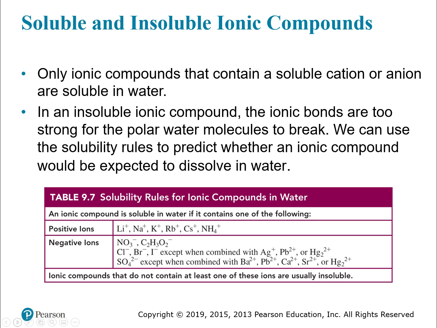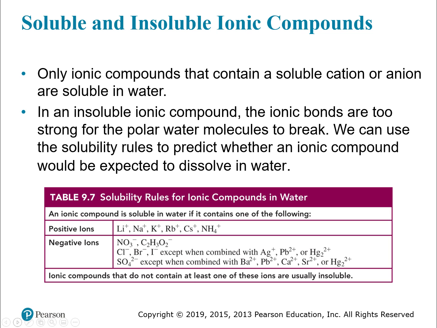To talk about solubility of compounds, so solids, we have to talk about solubility rules. Some things will dissolve in water, some things won't. When it comes to ionic compounds, some compounds will dissolve in water and some contain insoluble ions.